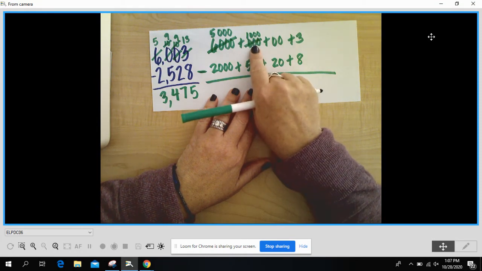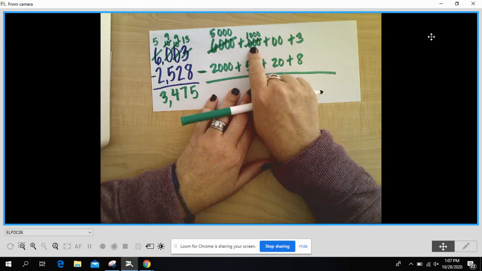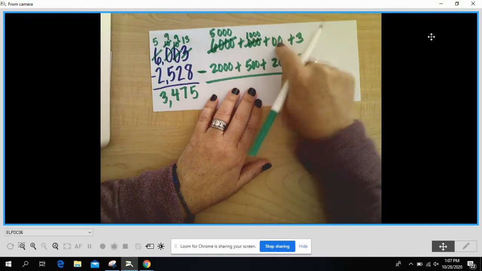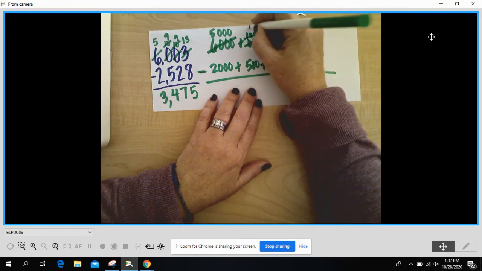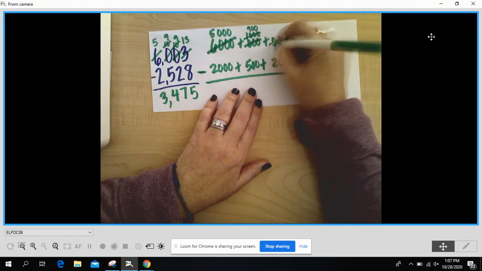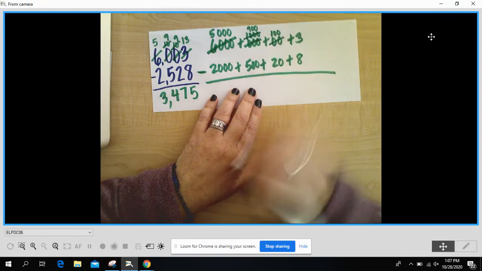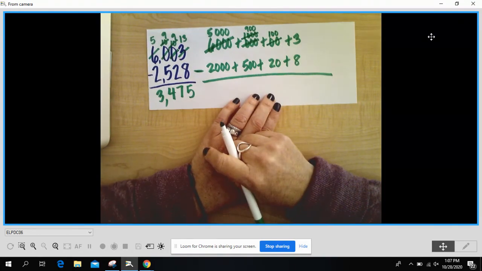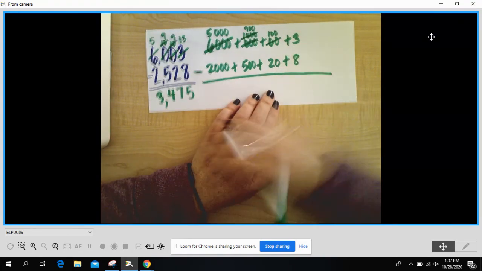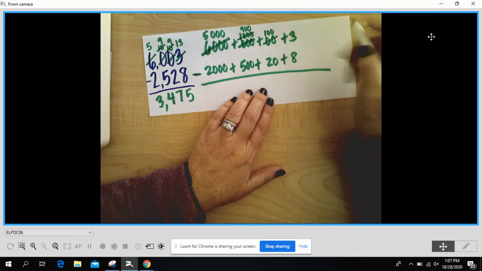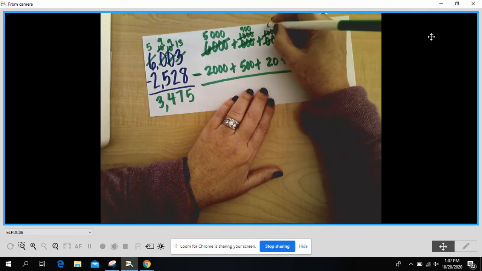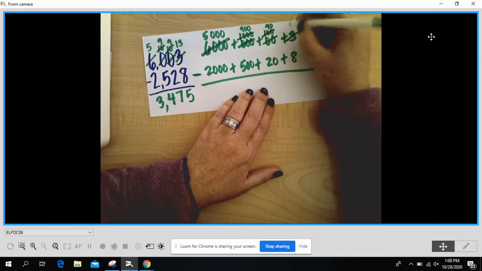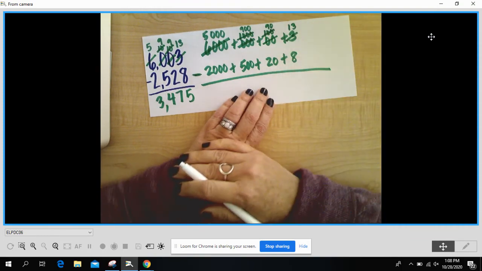So when I borrow from the hundreds or regroup from the hundreds, I borrow a whole 100. So this is going to become 900, and the 100 that I borrowed or regrouped goes right there. I still need to get to my ones place, and when I borrow from the tens, I borrow a whole 10. So this gets to become 90, and that's how this becomes 13.